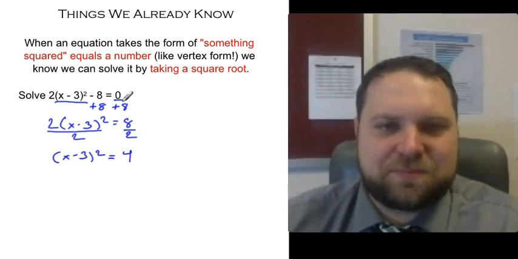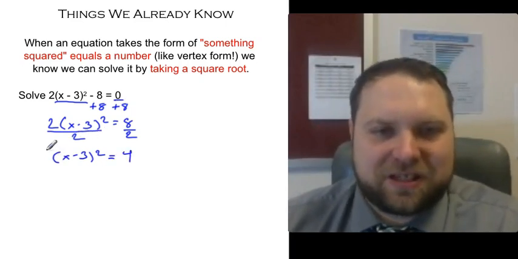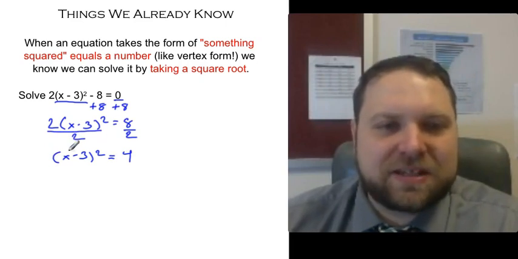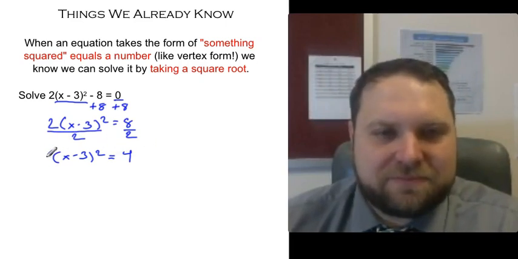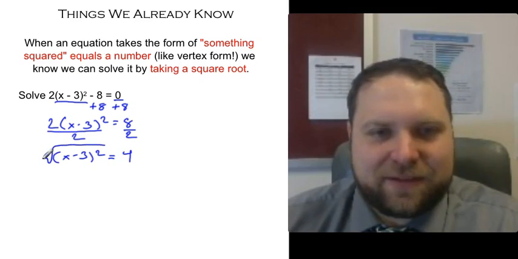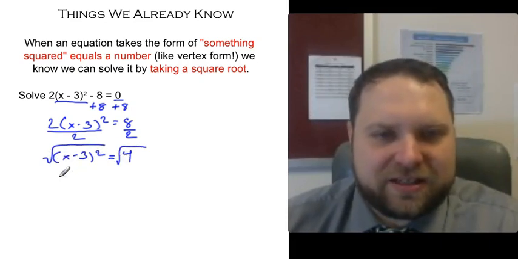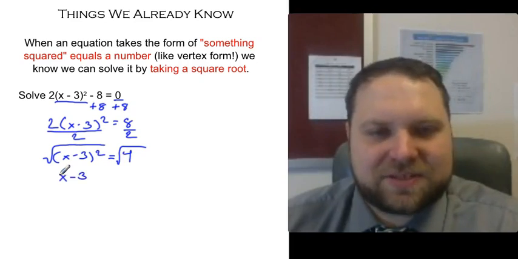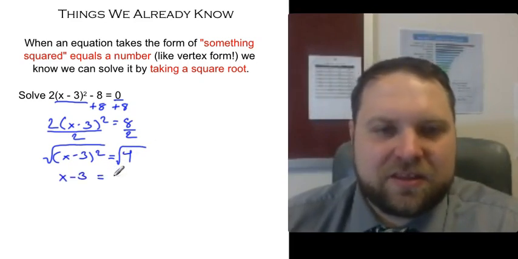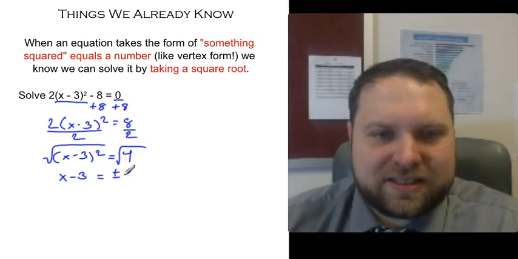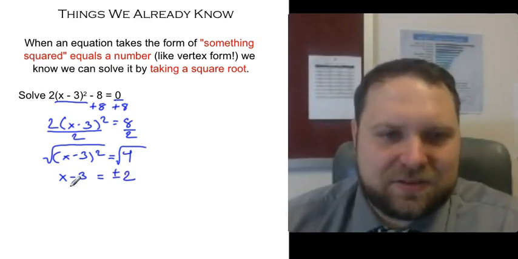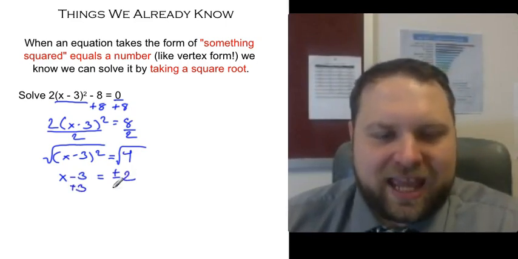Notice this is purely that situation we were talking about. Now I have something squared equal to a number, and I can solve that by taking a square root, remembering that the square root undoes the squaring, leaving me with just x minus 3 on one side. The square root of 4 is either plus or minus 2, and so I'm going to add 3 to both sides.